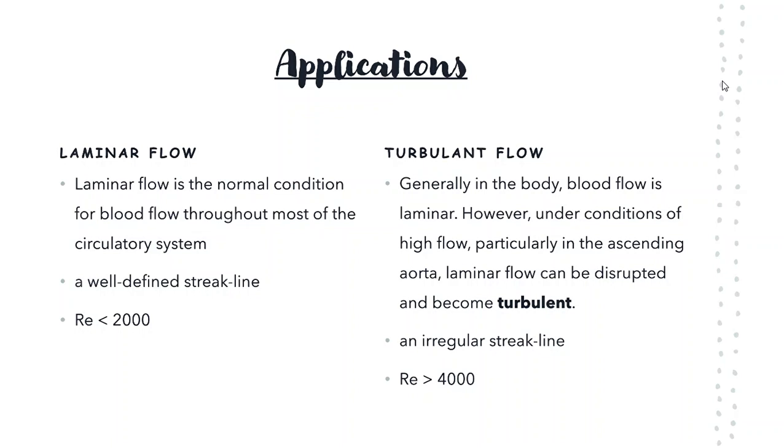It is considered a laminar flow because the flow throughout the vein is constant. The velocity of the blood at any point in the vein is constant over time. So that is known as a laminar flow, and it is a well-defined streamline flow.